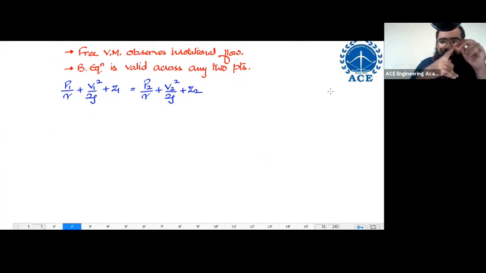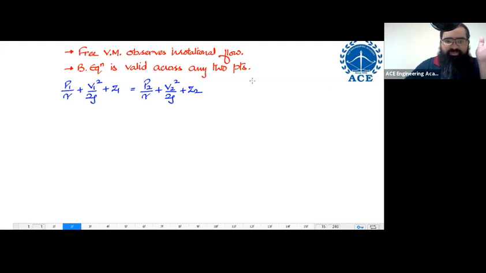In your short notes, you're going to mention these 3 points. First point, velocity is inversely proportional to r. Second point, flow is irrotational. Third point is a result of irrotational flow: between any 2 random points, whether they lie on the same streamline or not, you can apply Bernoulli equation, P1 by gamma plus V1 square by 2g plus Z1 equal to P2 by gamma plus V2 square by 2g plus Z2.